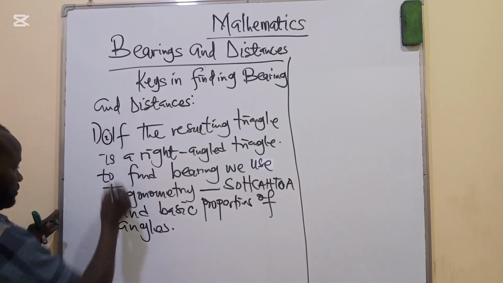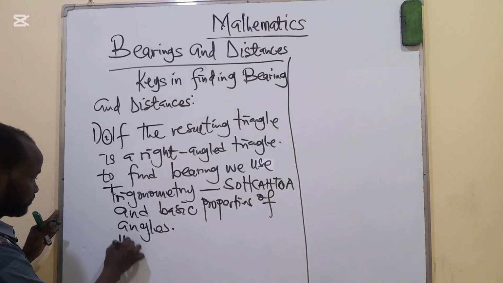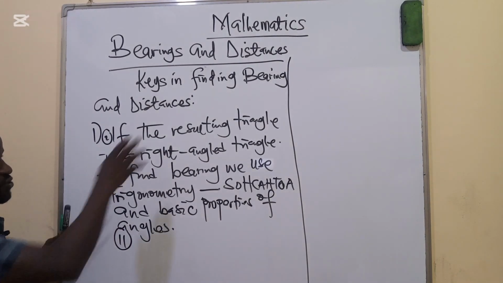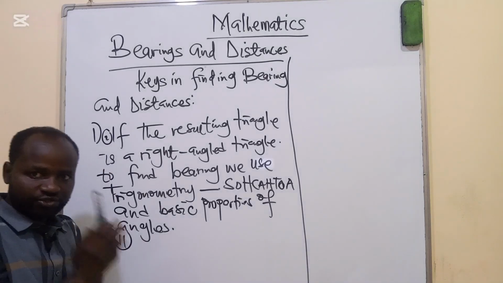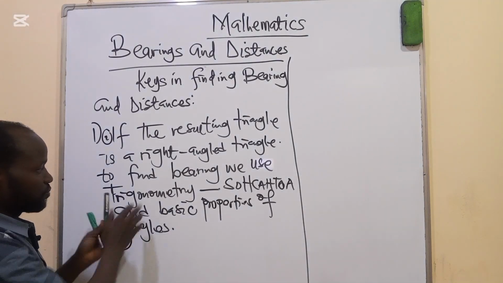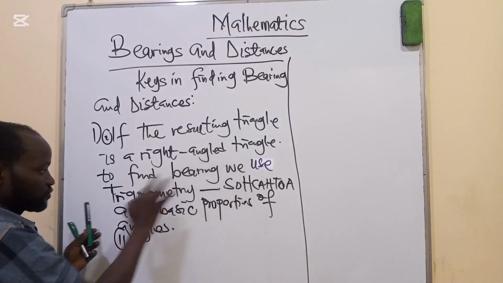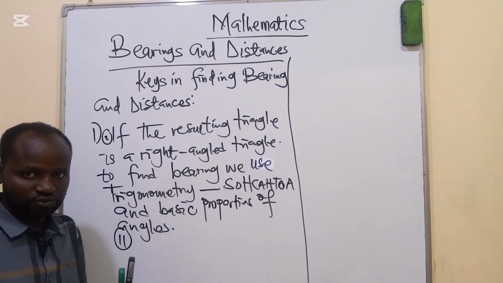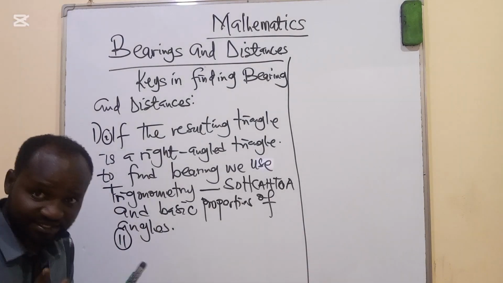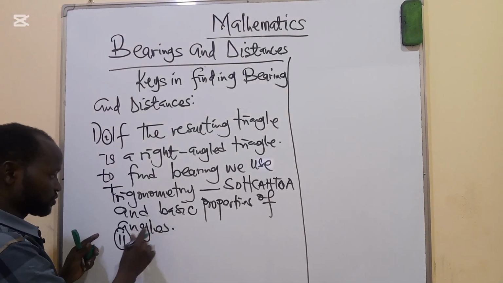Under this number one, let me put Roman numerals 2. Again, if the resulting triangle is a right angle triangle, to find bearing, we use trigonometry, that is SOHCAHTOA and basic properties of angles. Then to find distance, that's why I put Roman numerals.